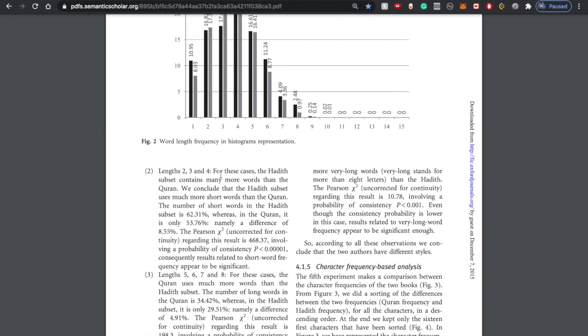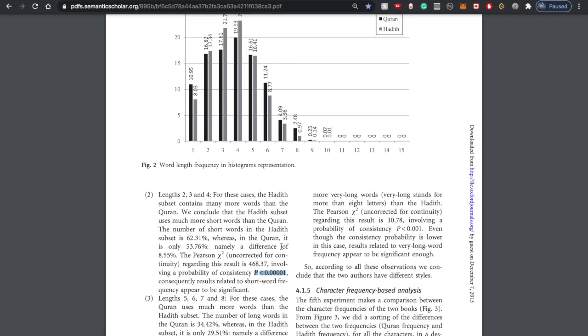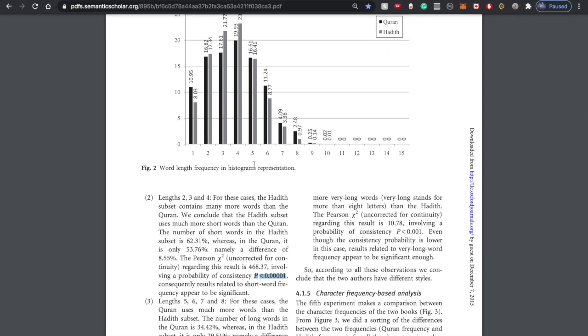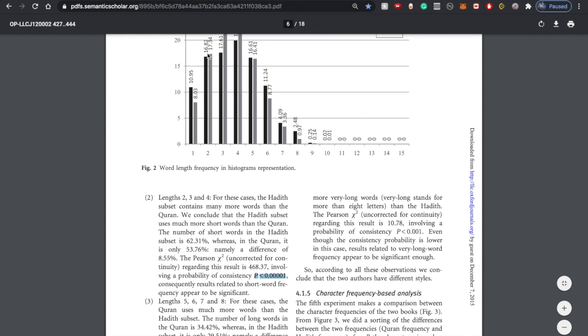For lengths 2, 3, and 4, they did the test and they found, again, p is less than 0.00001, right? Which basically, again, means there's almost no chance that it's the same author. So even this one, 16.82 versus 17.34, is pretty significant.